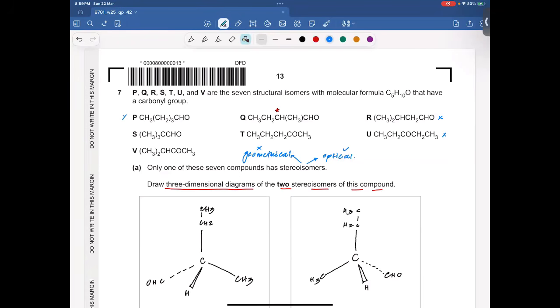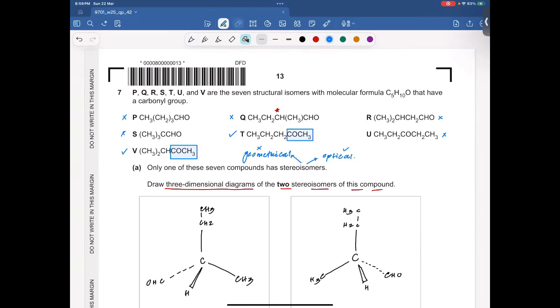It doesn't have a CH3CO group. It doesn't have a CH3CO group. It does have a CH3CO group. It does not have a CH3CO group, but it does have a CH3CO group.